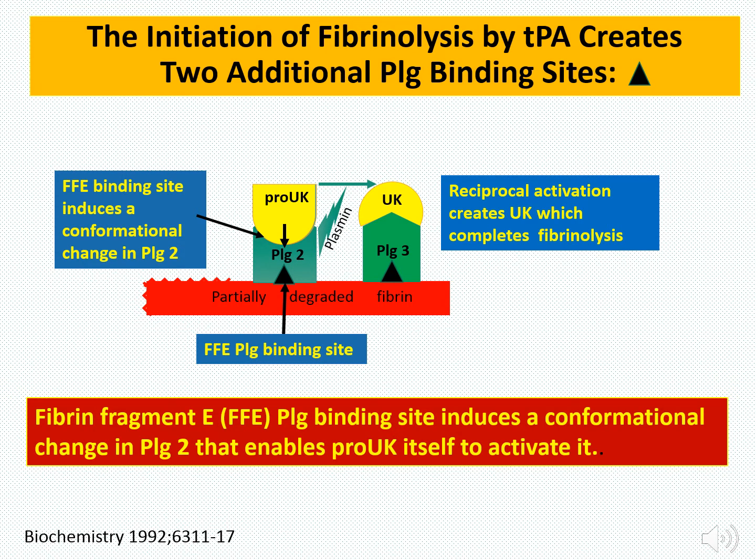Therefore, pro-UK has two activities: its active enzymatic form due to plasmin activation and its proenzyme active form due to binding to the conformationally changed plasminogen 2. This is a unique form of pro-UK plasminogen activation.